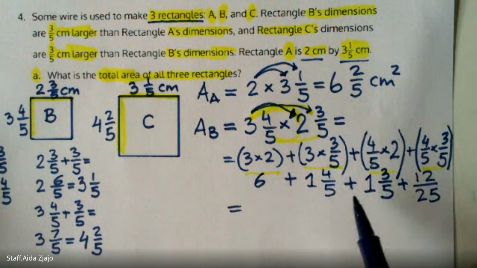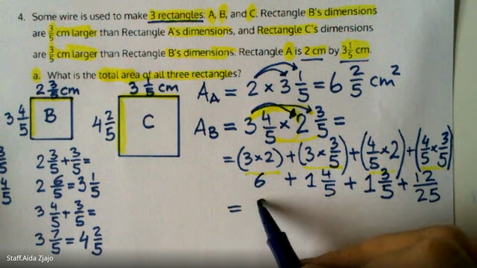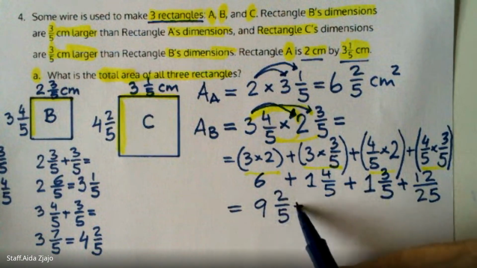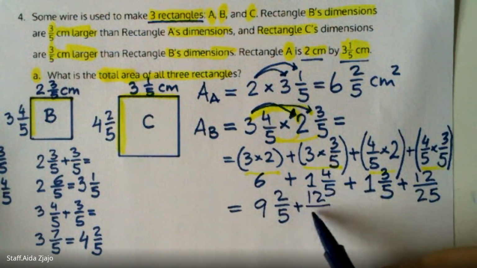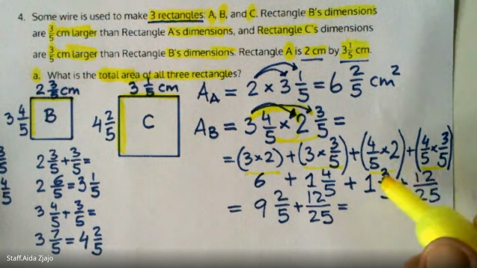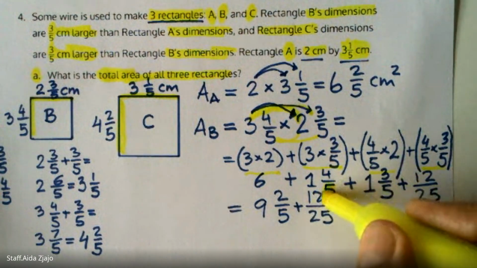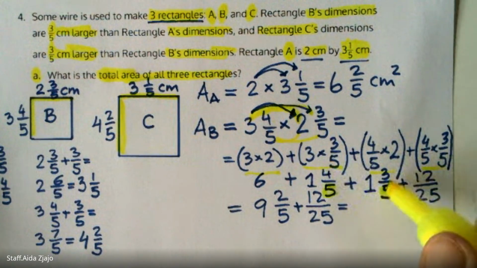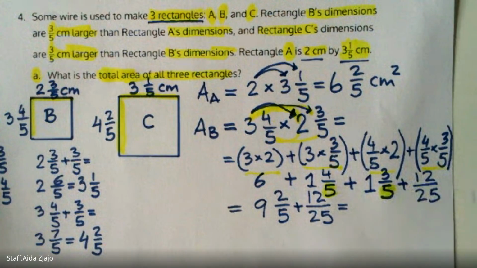So that would be 9 and 2/5, plus 12 25ths. I hope you can understand this, because these are the fifths. So 4 plus 3 is 7/5. 5/5 makes a whole, 2/5 is left. So we have 6, 7, 8, and one more is 9.